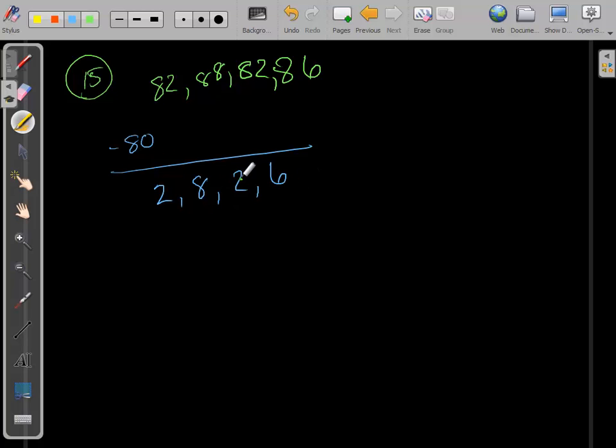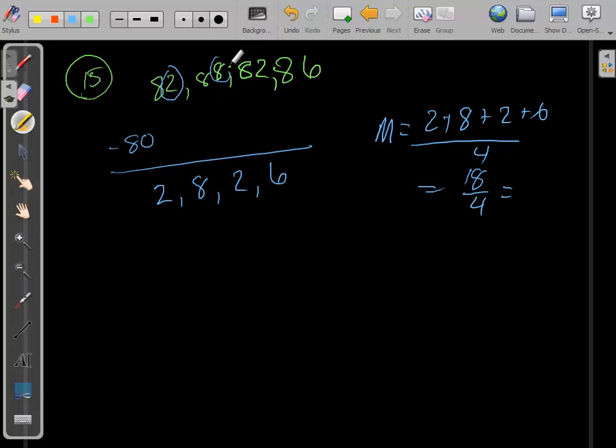Compute the mean for these and then add 80 back to it. That's just for the mean. So 2 plus 8 plus 2 plus 6 is 18, over 4 is 4.5. So really the mean of these is 84.5.